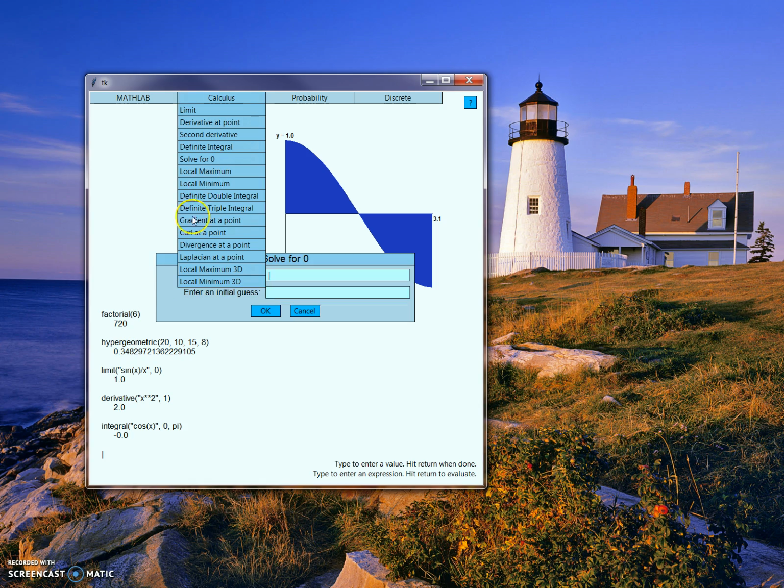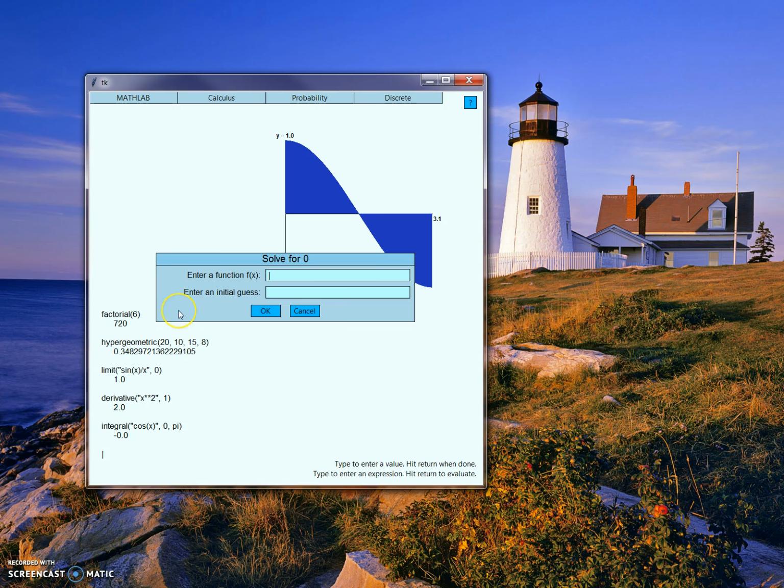For example, MATLAB also has a solve for 0 function. Let's give it an input of x squared minus 9 is equal to 0, and let's guess 20. We can pick almost any guess depending on the type of function that we have. And we find that this is going to evaluate to -3 or 3, depending on our initial guess.